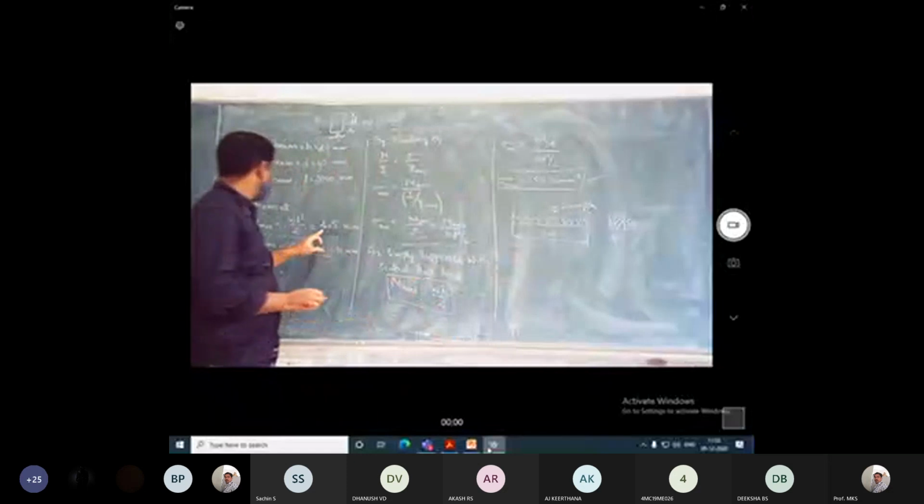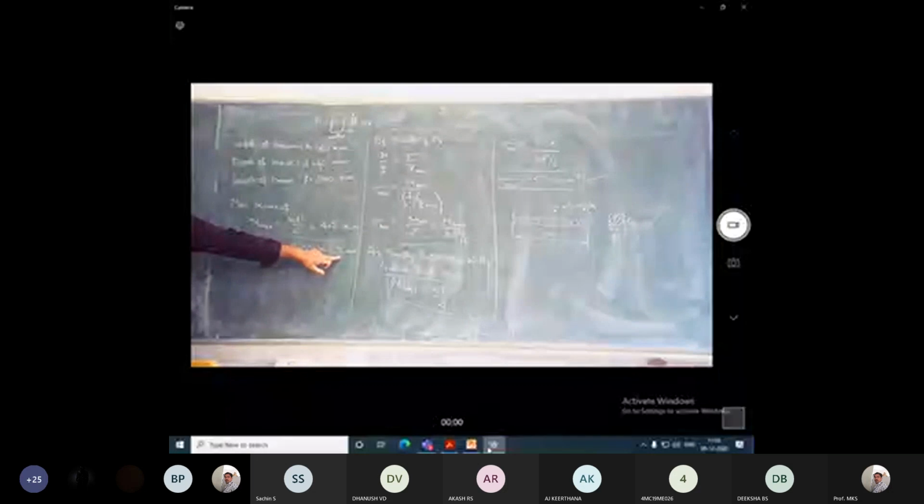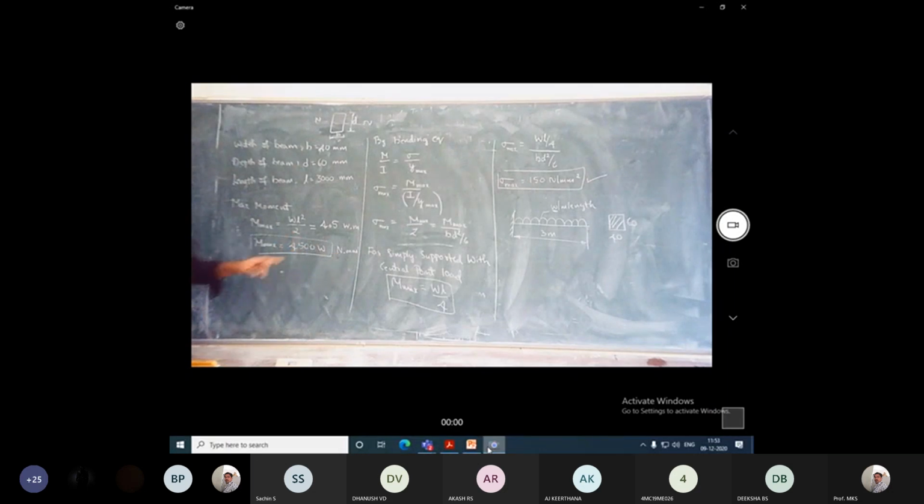So let us substitute in meters itself at first, then convert that by multiplying by 1000. Just be careful here. Since W is given per meter length, you should also convert W to mm.